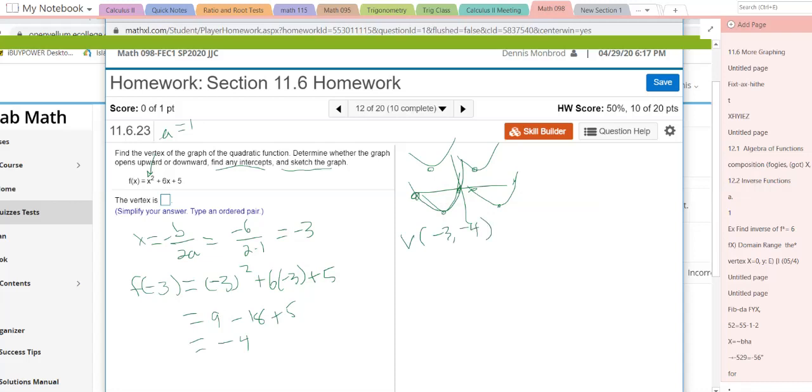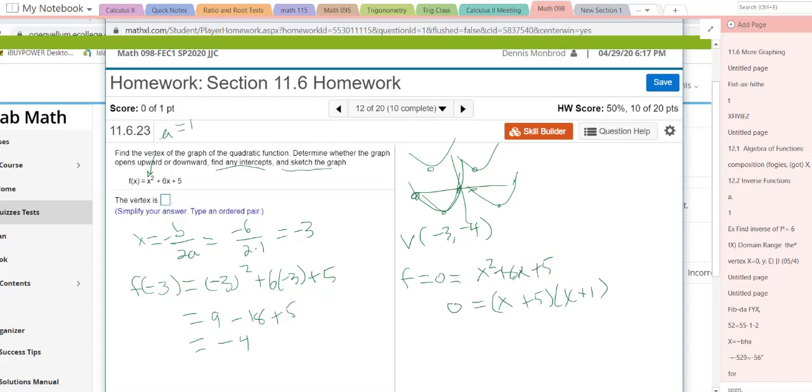Now let's look at the intercepts, because we can see it's going to have 2 of them. So let's see what we have. We find those by setting the function equal to 0. And we go ahead and solve this. So 0 is x plus 5 times x plus 1.